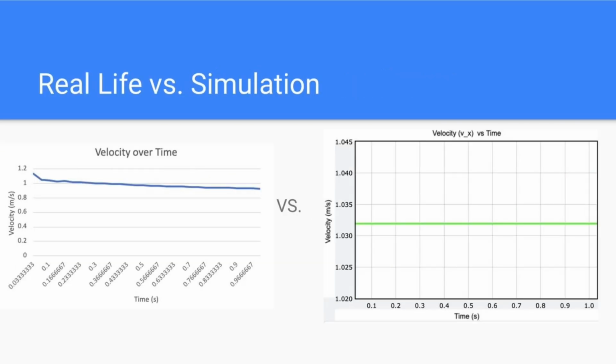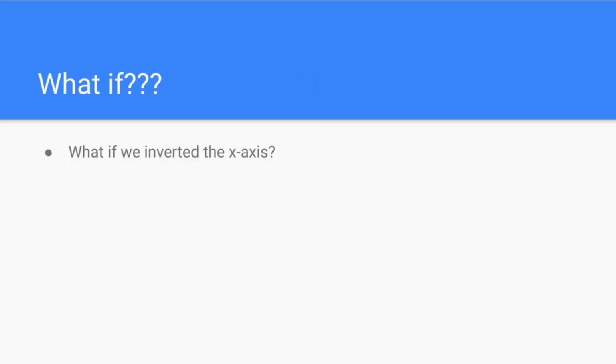It's the same story here, where there is a slight downward slope in the velocity in the real life situation on the left, which means there was a slight bit of negative acceleration in the x direction from air resistance and friction. But in the simulation, there's a constant velocity, because in the simulation we did not account for gravity or air resistance.